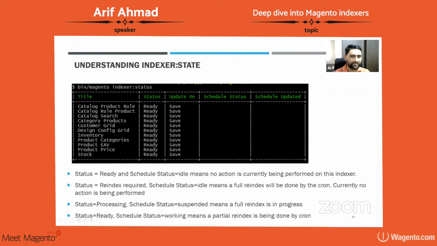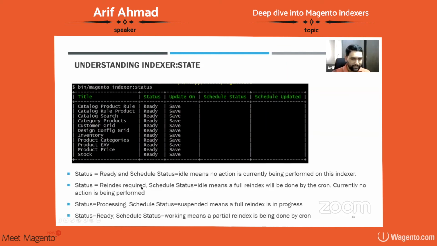So indexer status, I think it's self-explanatory, but a couple of things to note here. Status ready and schedule status idle means no action is currently being performed on this indexer. Schedule status will not be there if the indexer mode is set as on save. It will only be there when the indexer mode is on schedule.